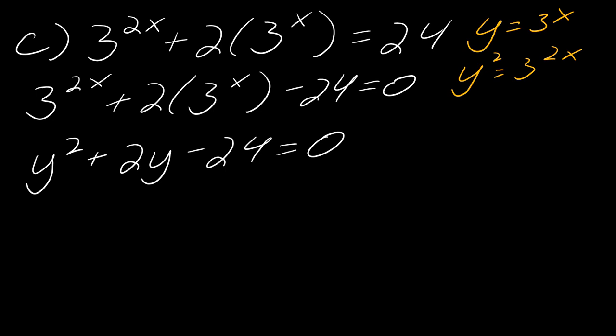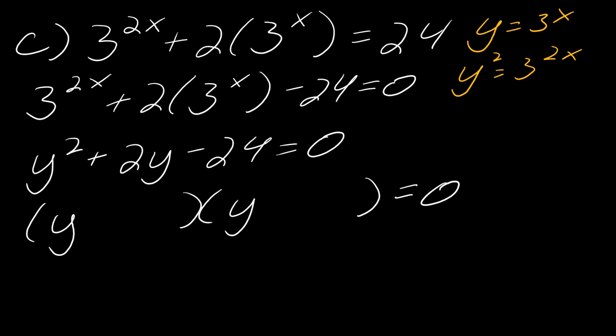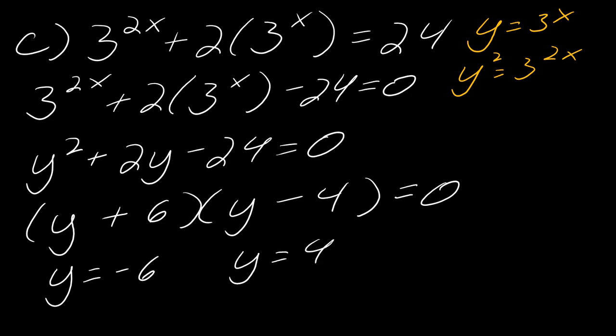Okay, cool. So now, does it factor? Well, let's see, it factors y and y. So two things that multiply to negative 24, but add to positive 2. That would be plus 6 minus 4. Cool. So I have y equals negative 6 and y equals 4.